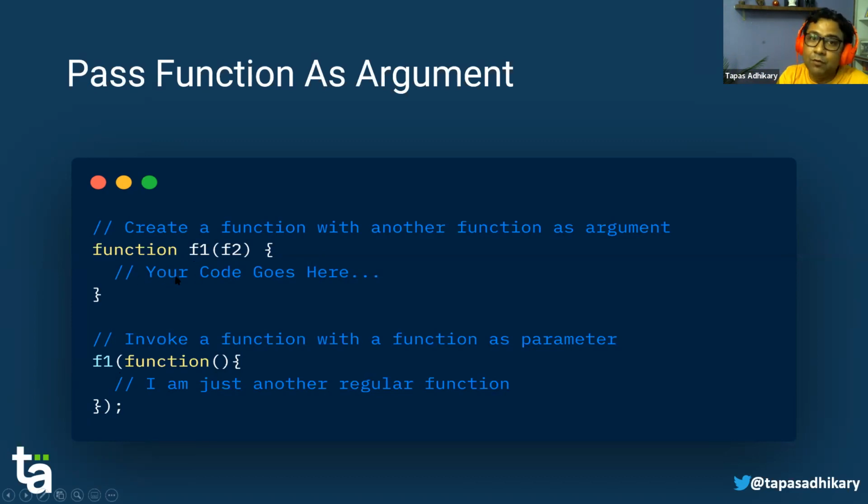Inside that, you can invoke F2. When you're invoking F1, what you see here is that you're passing a function. That function does something. People who realize they've been using callback functions for a while, this is an example of a callback: a function which takes another function as an argument and calls the function that we are passing as an argument at a later point of time inside this function, based on your business logic.